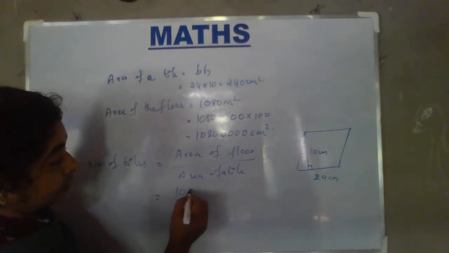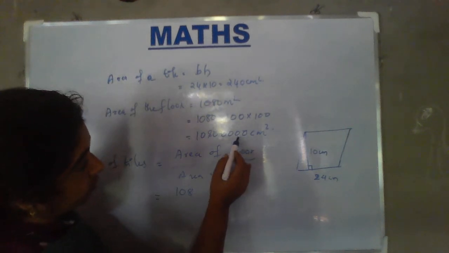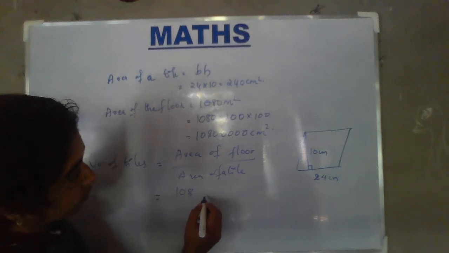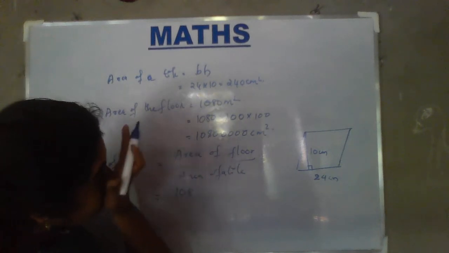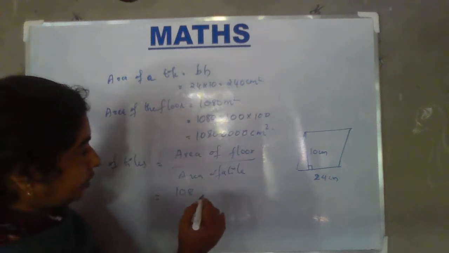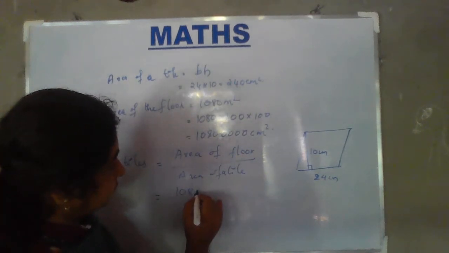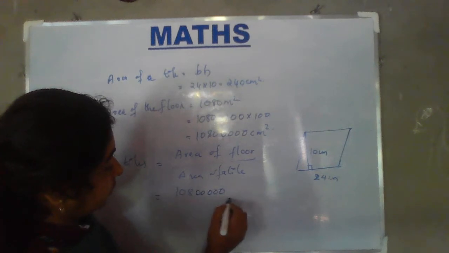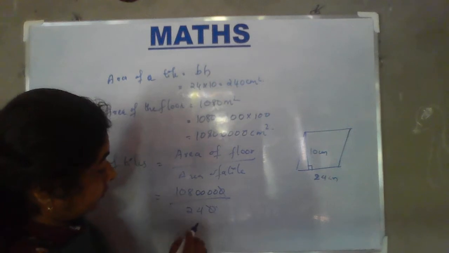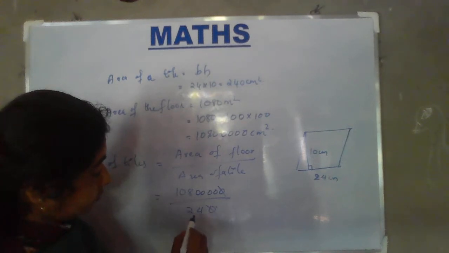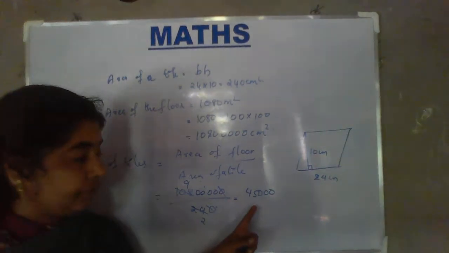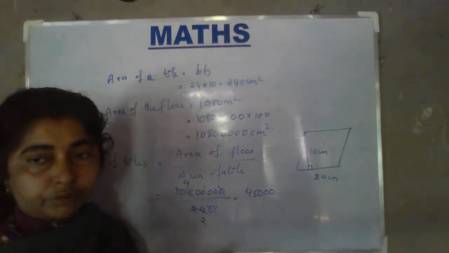That is 1 crore 8 lakh divided by 240. That is 45,000. Number of tiles is 45,000.